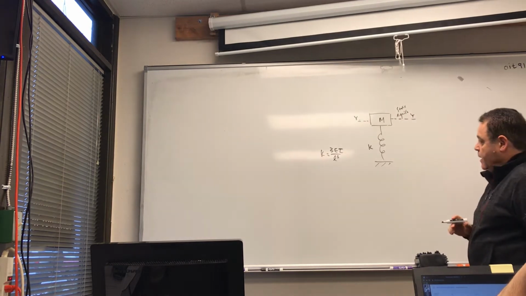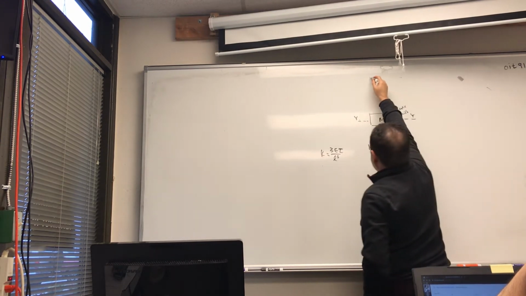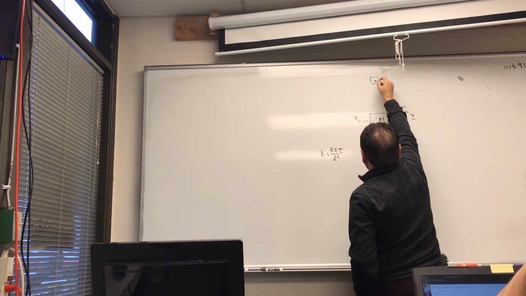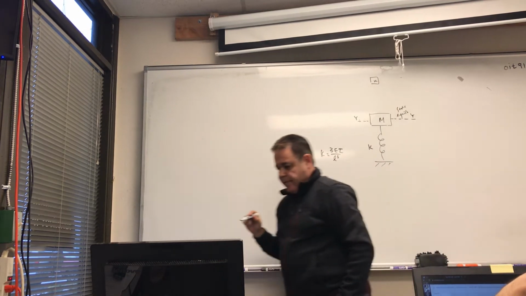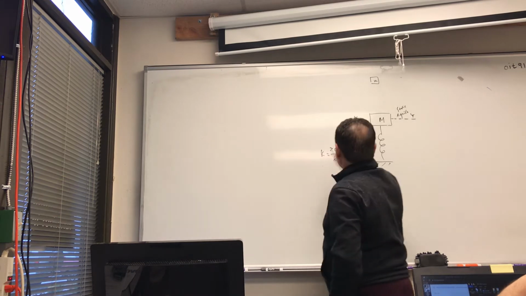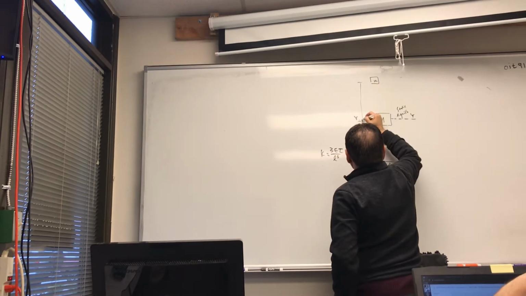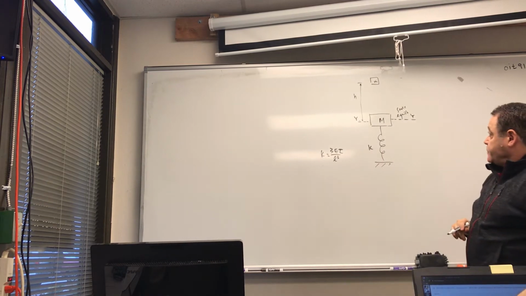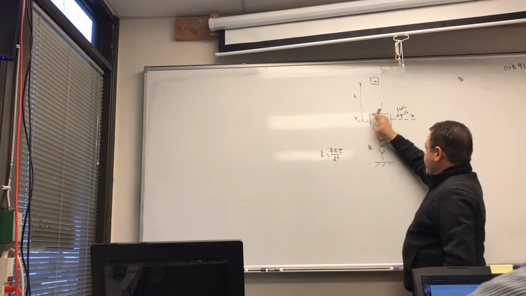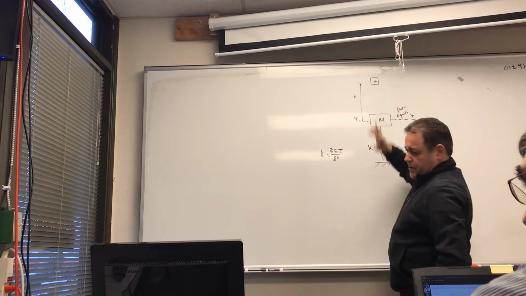Now, suppose you have a little mass m here at the top, at a height h from the other mass. I'll call this one H. Technically the H should be the distance from here to here.